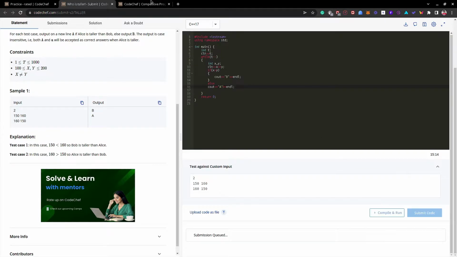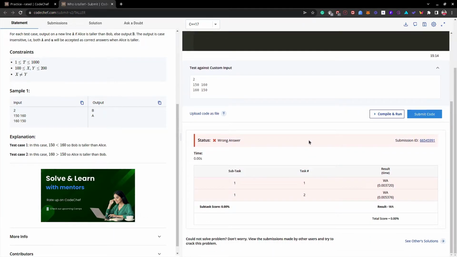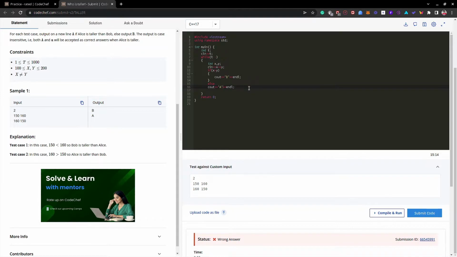As you know, I just totally forgot how to code, and that's why I'm doing it from the start. Okay, now it's a wrong answer because I think I have to check this too.